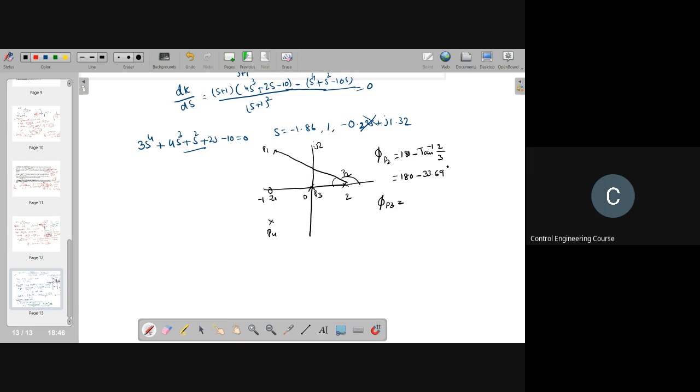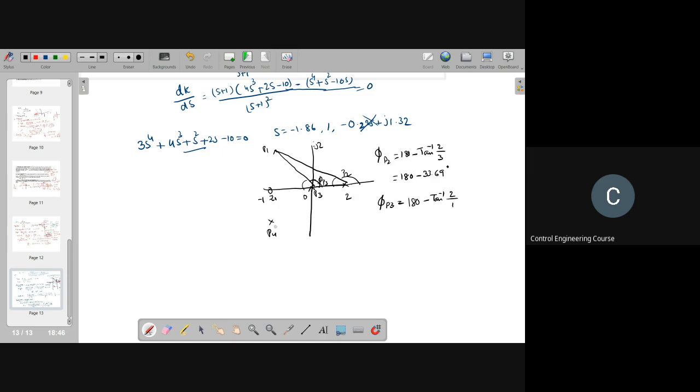5P3 is again from here to here. This is 5P3. So this angle, we know that is tan inverse. This distance is 1 and this distance is 2. Vertical is 2, that means 2 by 1. And since we want this with respect to the positive real axis, it is 180 minus this one.